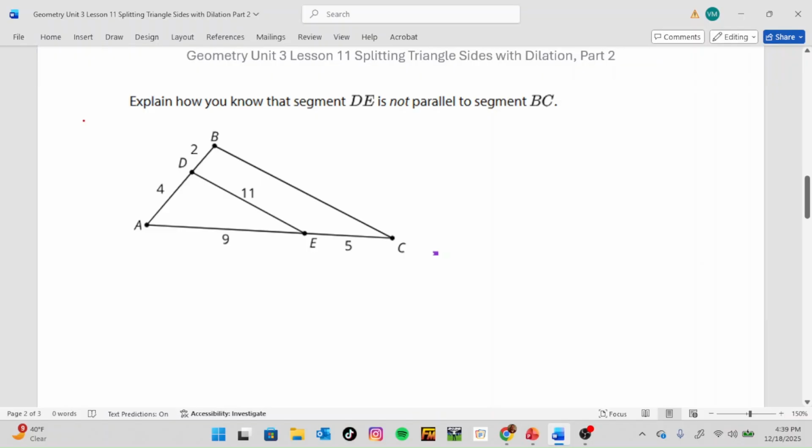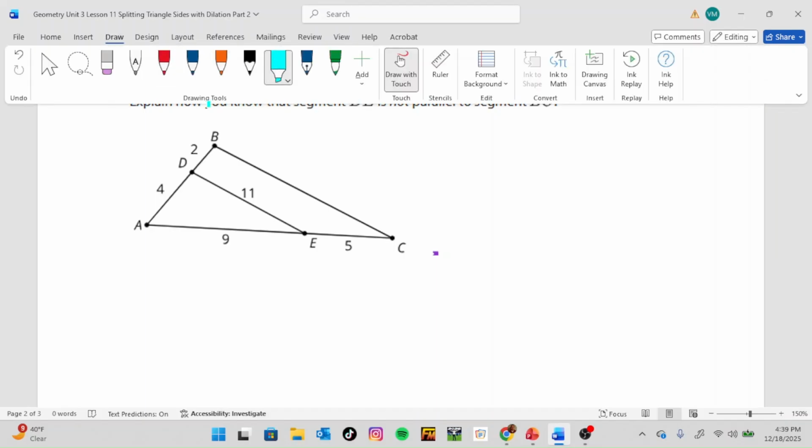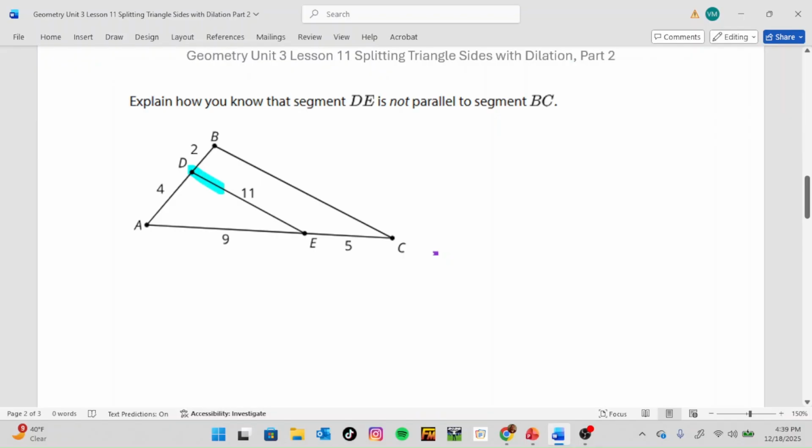Practice problem number 2. Explain how you know that segment DE is not parallel to segment BC. So we are talking about DE and BC.